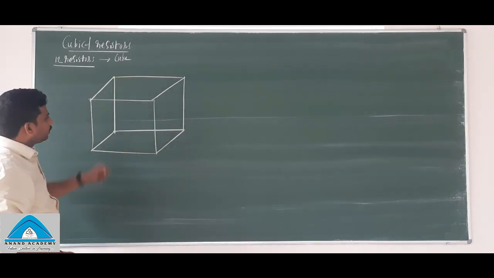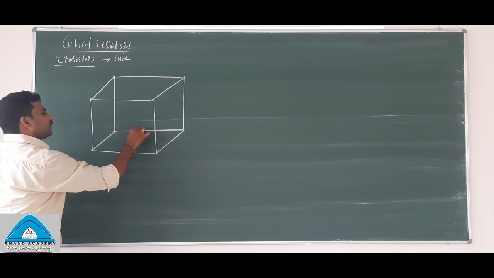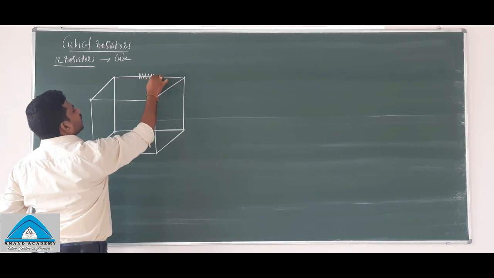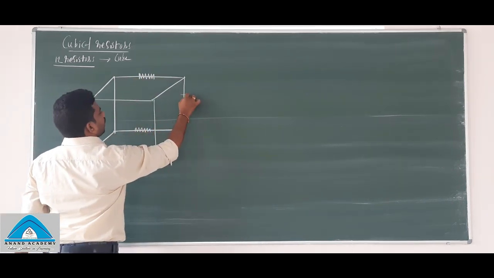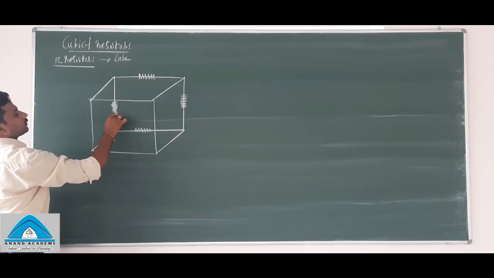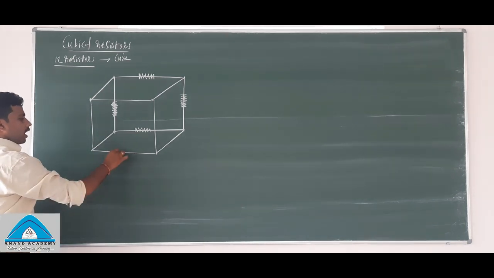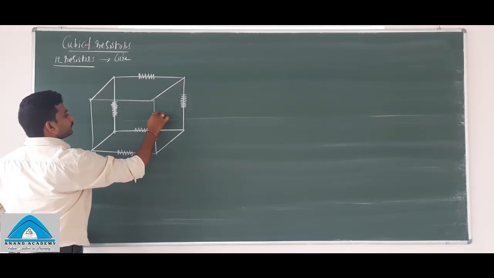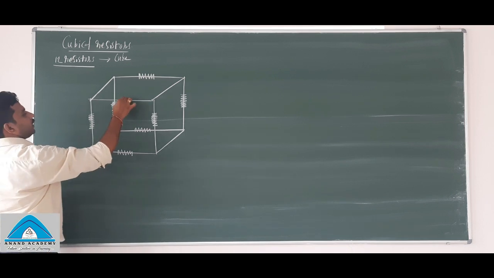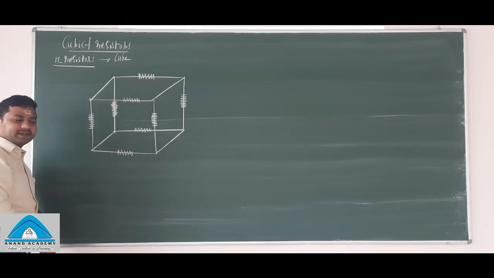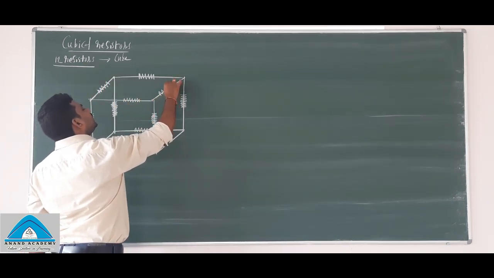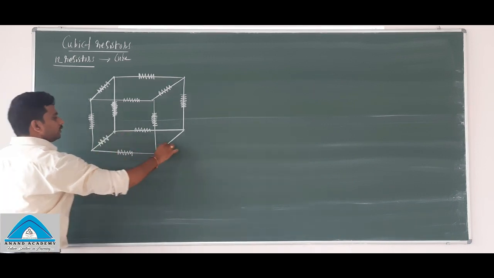See here. There is a resistance R, and here also R, here R, and here also there is a resistance R. 4, and this is 5, 6, 7, 8. 8 resistors are connected. 9, 10, 11, 12.